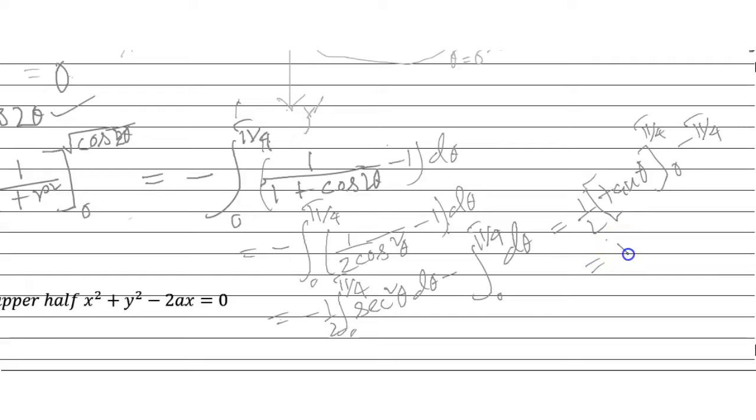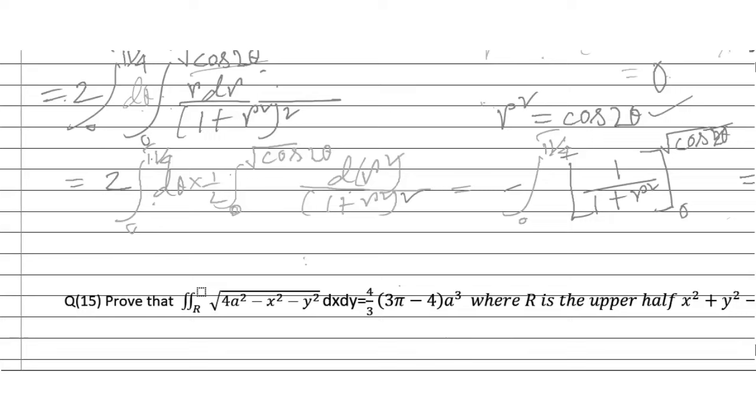So this value is half minus pi by 4, this is plus, this is minus. So there is some mistake. I hope you can understand this problem.